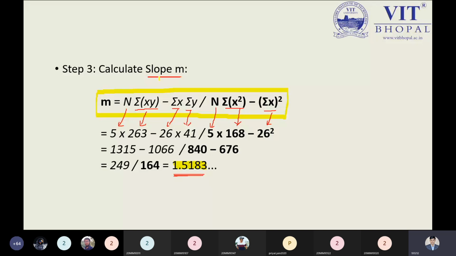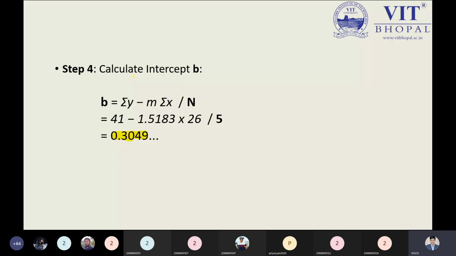For your practice purpose, you can practice in the tutorial, and you can determine the m and b values, that is slope and interception values. Now moving to the next part, here we are calculating the interception point. The formula in a simple way is summation of the y minus m into summation of the x.